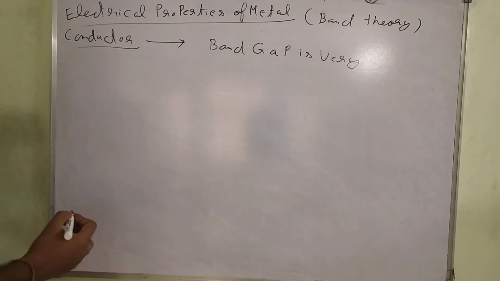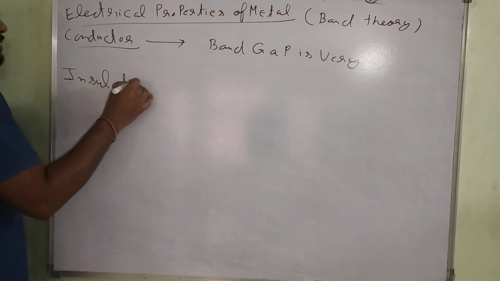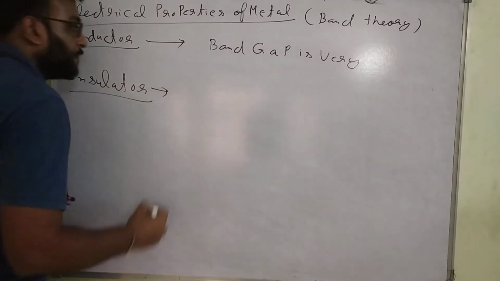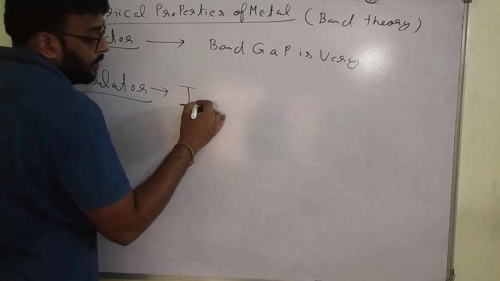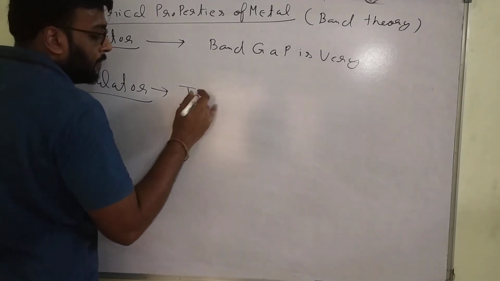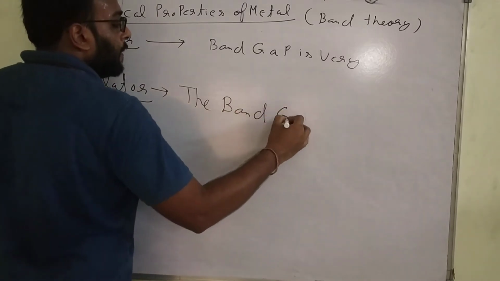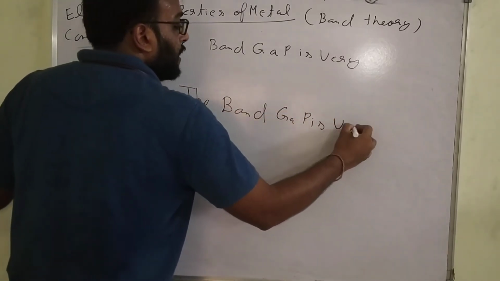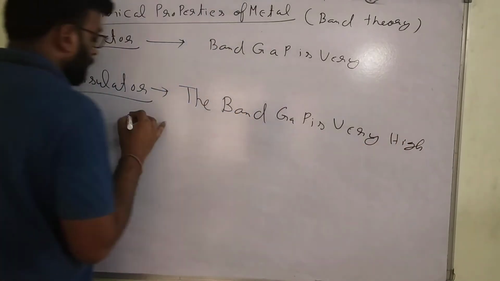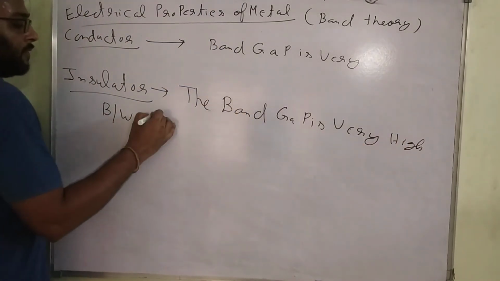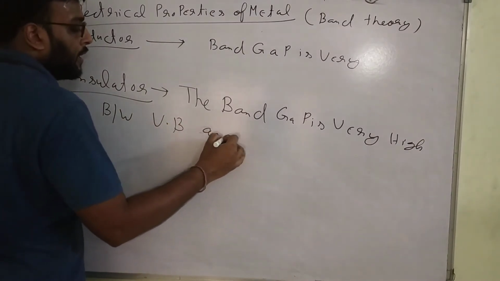What happens in insulators? Write down regarding insulators. In insulators, the band gap is very high between the valence band and the conduction band.